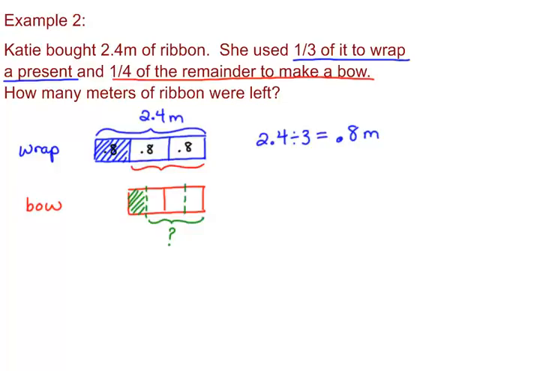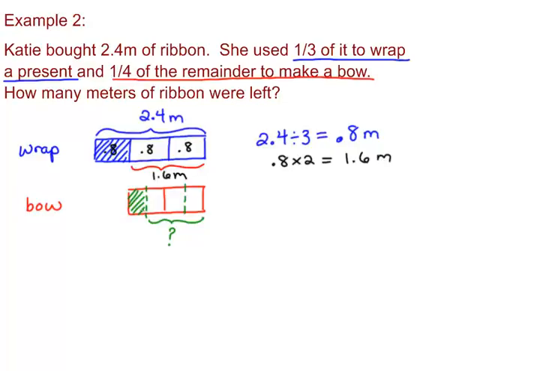Well then, if I take 0.8 times 2, I get 1.6 meters. And so that 1.6 meters will represent how much she had when she started to make the bow.